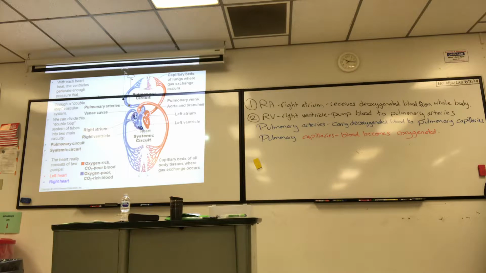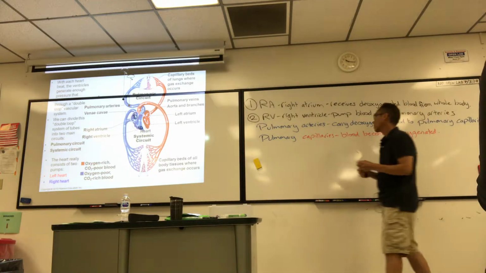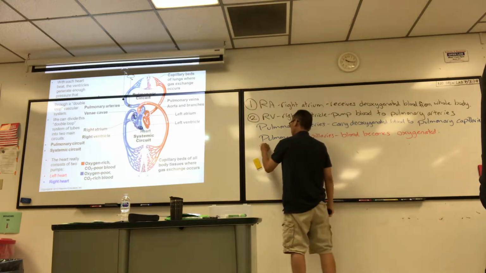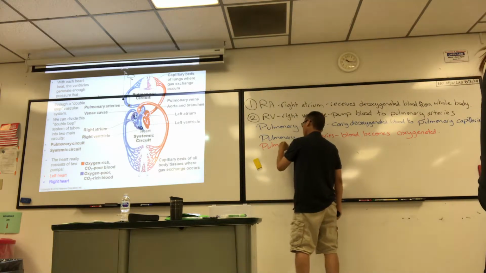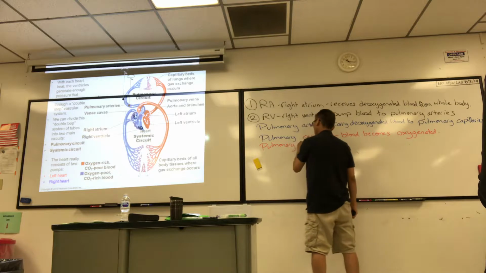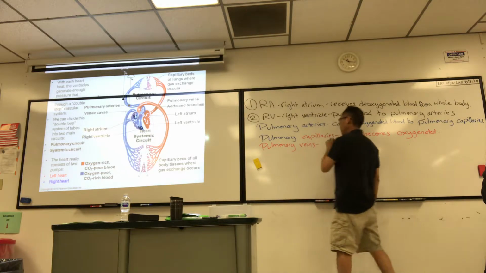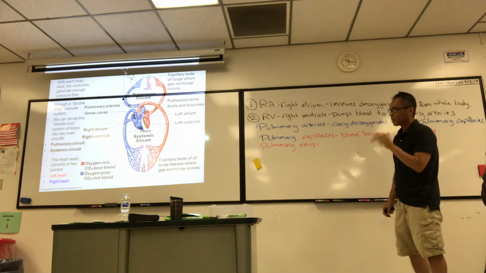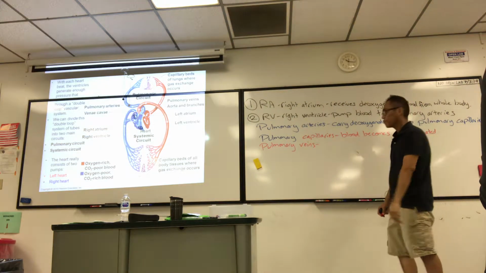So blood can circulate now oxygenated. So you need a collection system to collect this freshly oxygenated blood, and you need to return it to the left heart. And that's the job of the pulmonary veins. Drawn in red. They return oxygenated blood from the lungs to the left atrium.